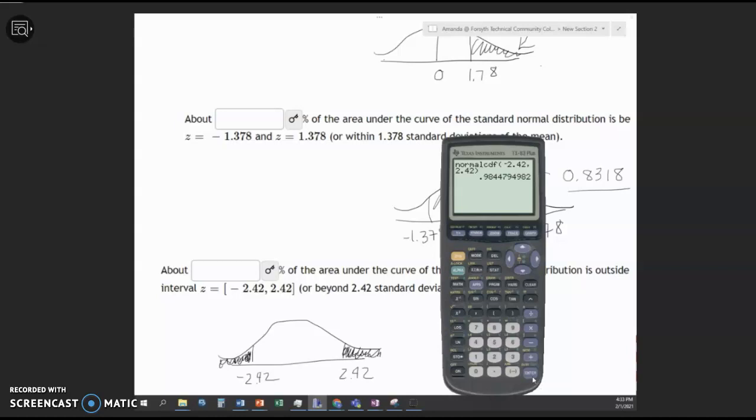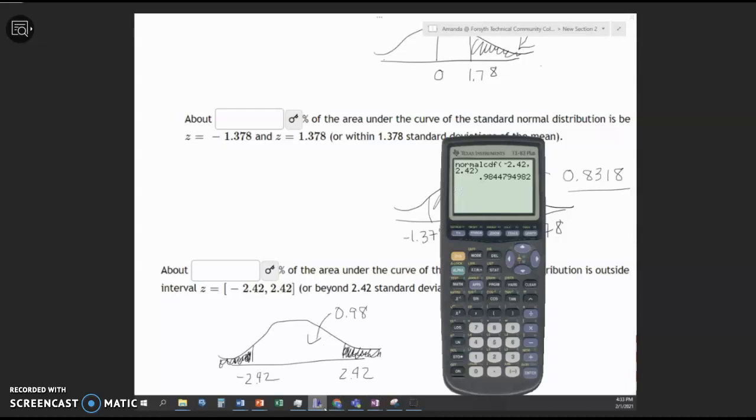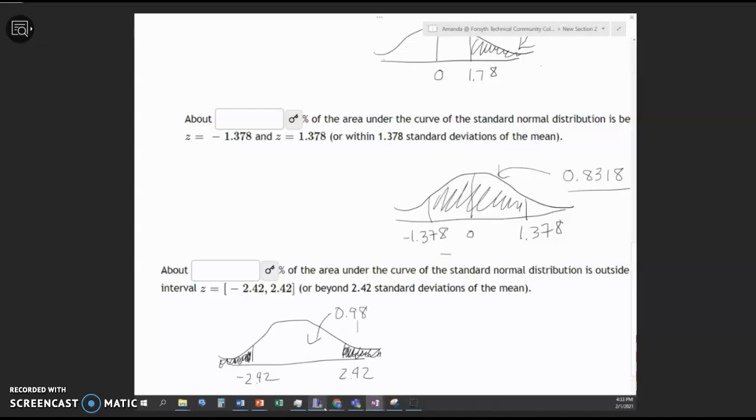That's 0.9844. I'll round it to 6 decimal places just to be extra safe. So what's here was 0.984479.